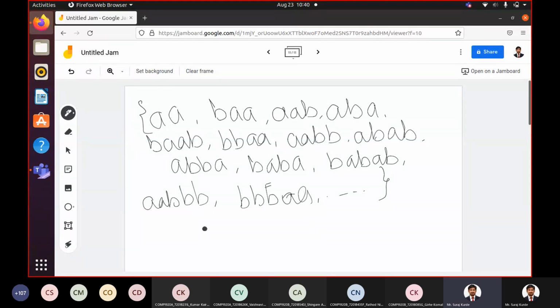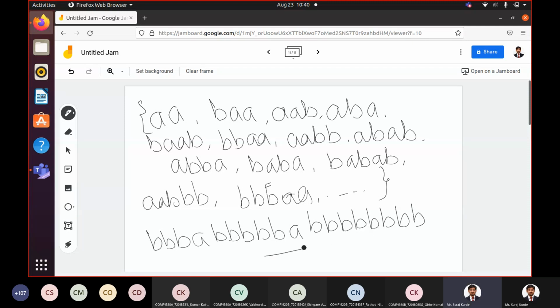Any combination is possible. I can have strings like this one, A, any number of times B, then A, again any number of times B, and so on. So in between these two A and before first A and after second A, we can have B, and it is repeated 0 or more times.